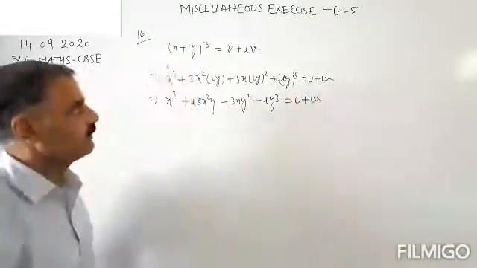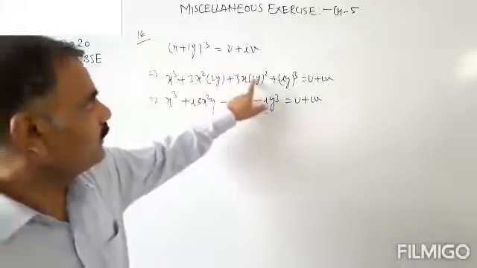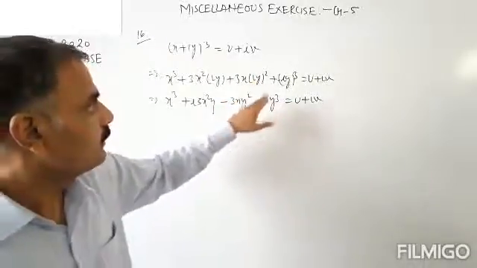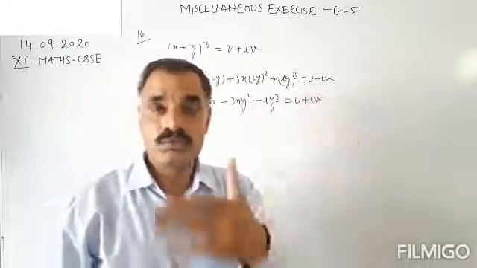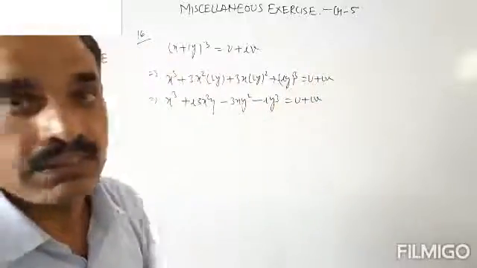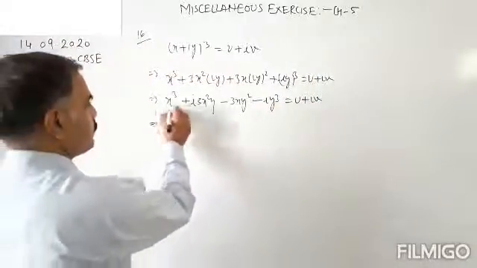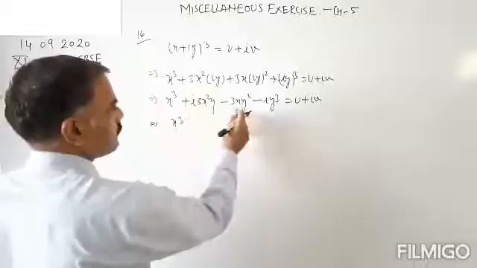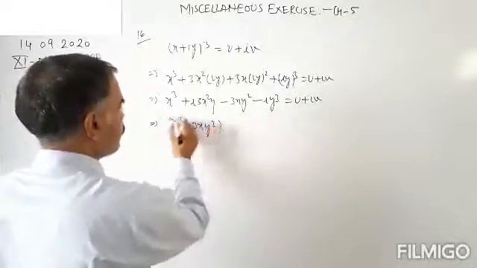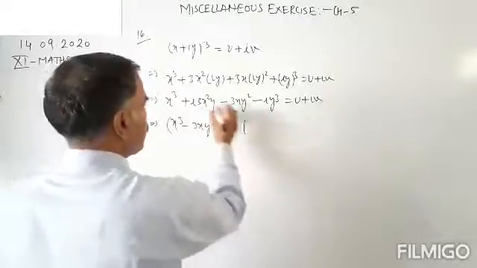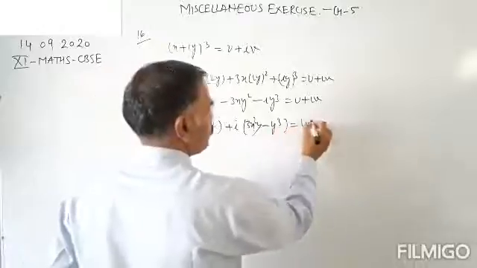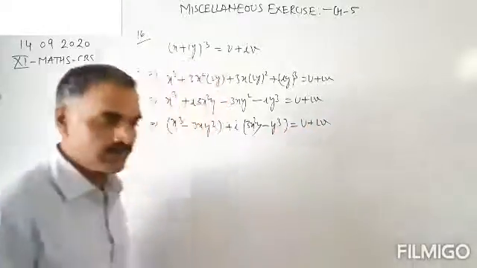Okay, after solving this, iota square is minus 1, so minus 3x y square, and iota cube equals minus iota, so minus iota y cube equals u plus iota v. Now x cube minus 3x y square, plus taking iota common, (3x square y minus y cube) is equal to u plus iota v.